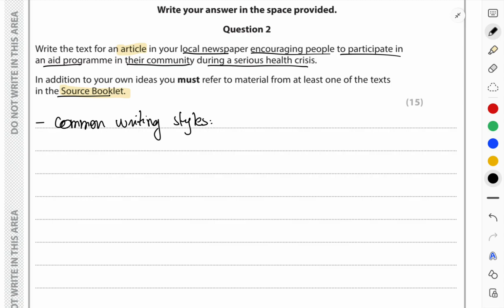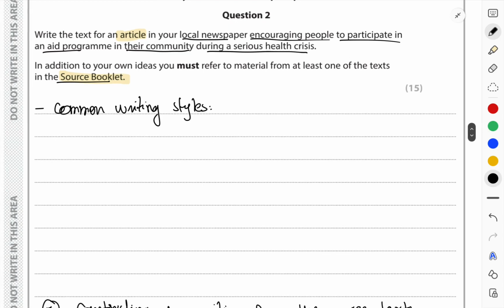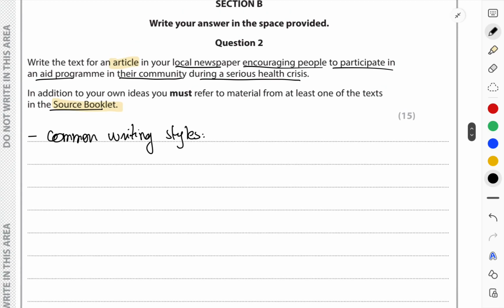Okay, so there are a few common writing styles that are seen in the past papers. There are speeches. They might ask you to write a speech, and they might ask you to write an article like in this paper, and they might ask you to write a report or a blog.